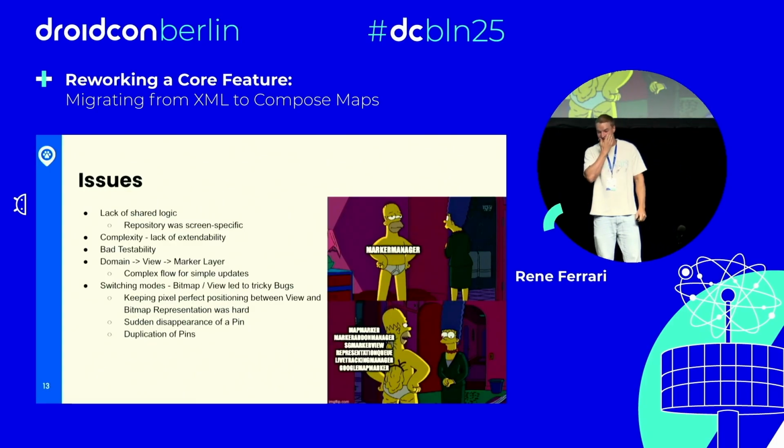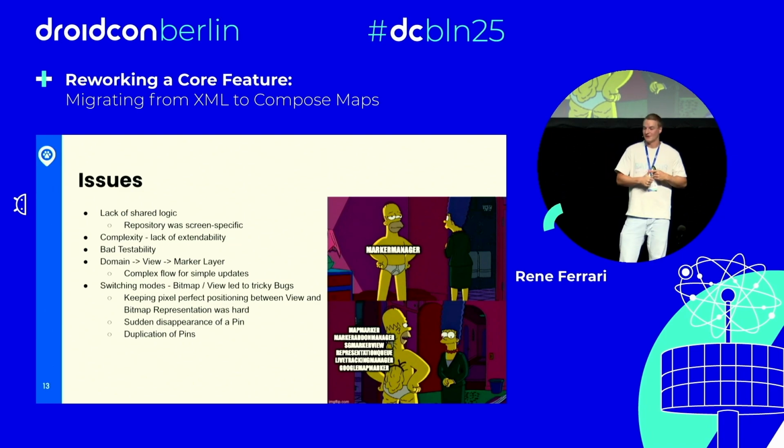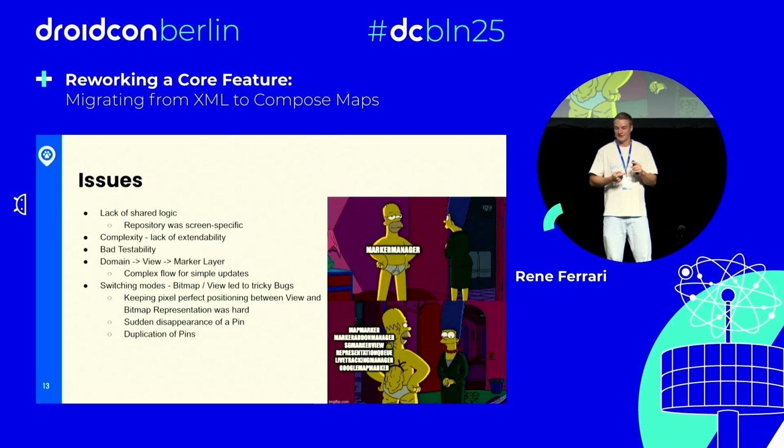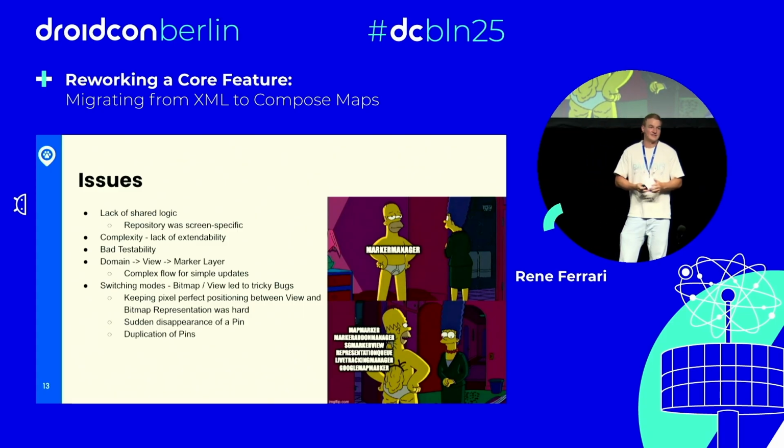So there were many issues, like I mentioned before, lack of shared logic between screens. Then obviously the overall complexity, with lack of extendability. Testability was non-existent, basically. And the flow was just complex for simple updates. And we had some really tricky bugs on production that were super rare, but sometimes we had duplicate pins, so both the bitmap variant and the view variant would exist.